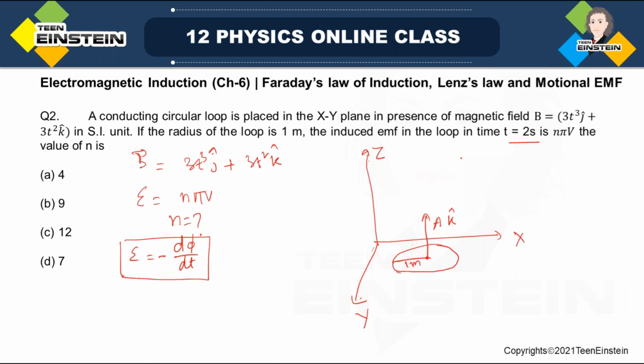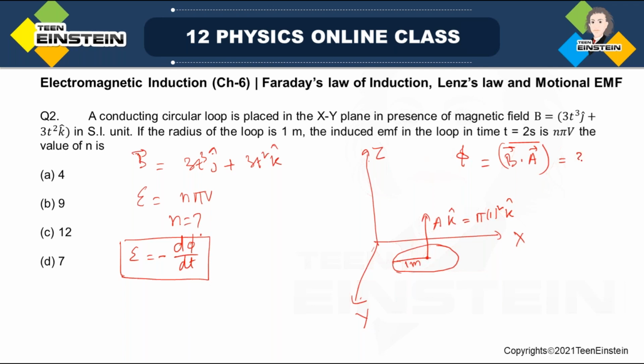So what is phi? Phi is B dot A. I have already shown you the direction of A and the magnitude of the area. This is pi times the radius 1 meter squared, so pi k cap.